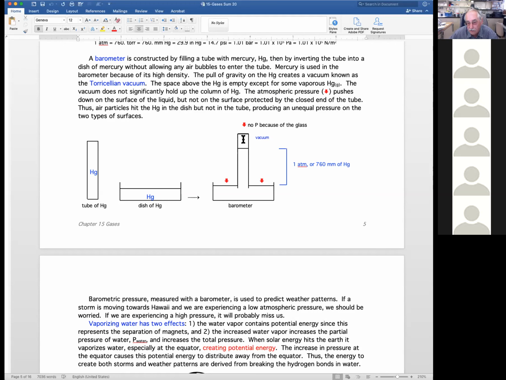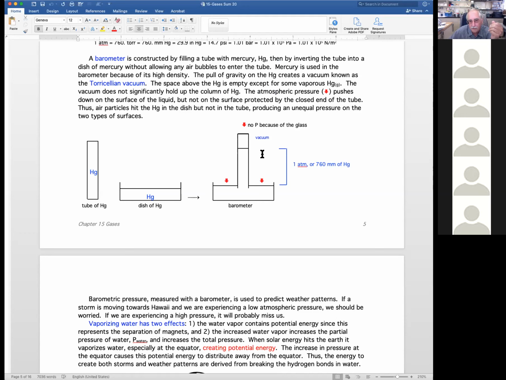It's not very strong itself. That's not what's really holding this column of mercury up. If I were to put a hole right here, then this column of mercury would simply go back down here, right? All be the same level. The reason why it doesn't simply drop down is because of unequal pressure.